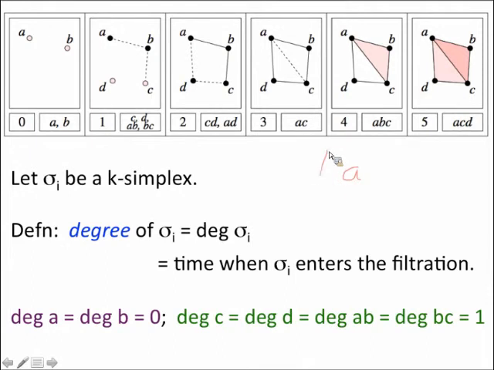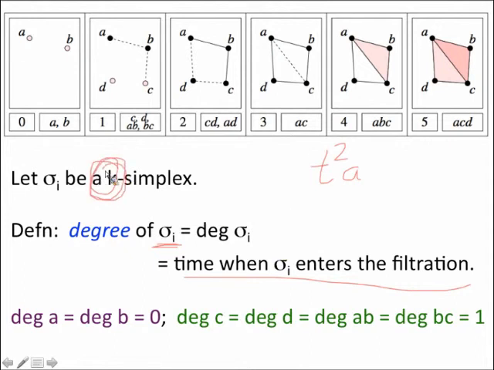Well, now I can multiply by powers of T if I want to. And so we're going to have sort of a double grading, and we're going to want to know the degree of things as well. The degree of a simplex is just going to be the time when it enters in. So when we had our different times, we had our grading with respect to our dimension.